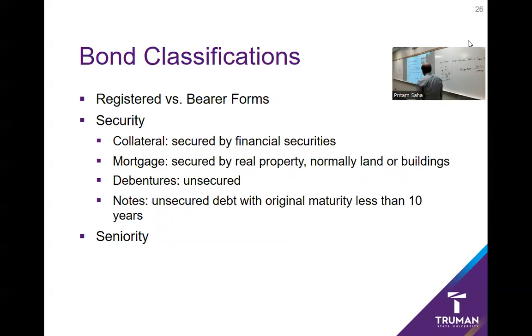There are a lot of different types of bonds, registered versus bearer. In a registered bond, your owner information is already printed on the document. In a bearer bond, it's not. You can think about an account pay check or a cash check. Do you know what is an account pay check or a cash check? A cash check is all about I write a check, and whoever has this can go to the bank and cash it.